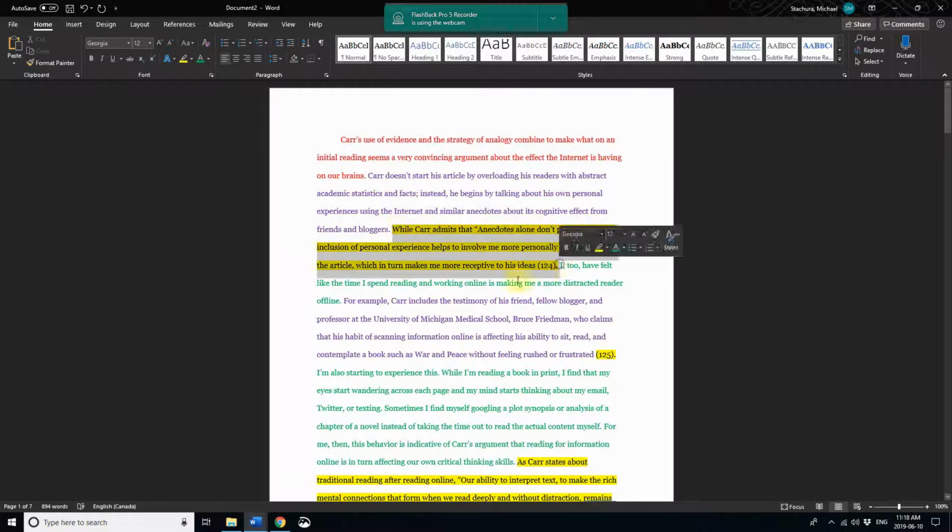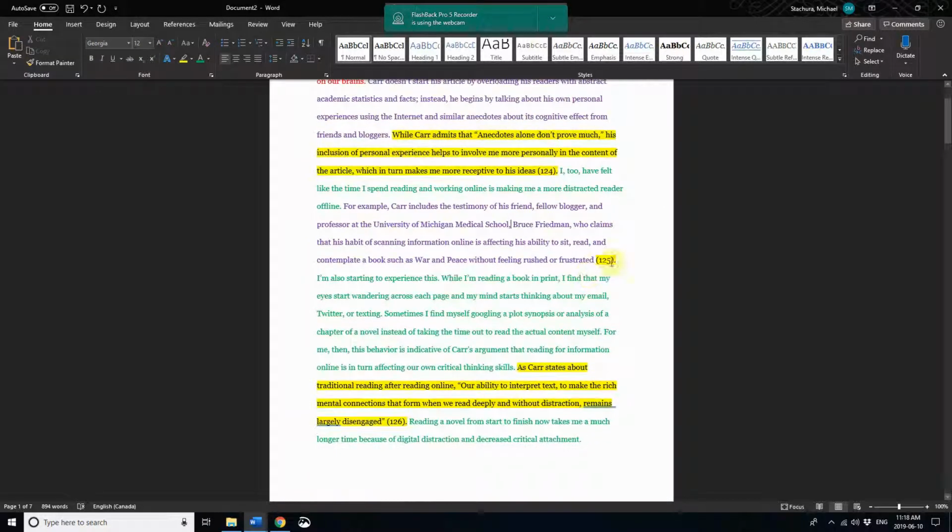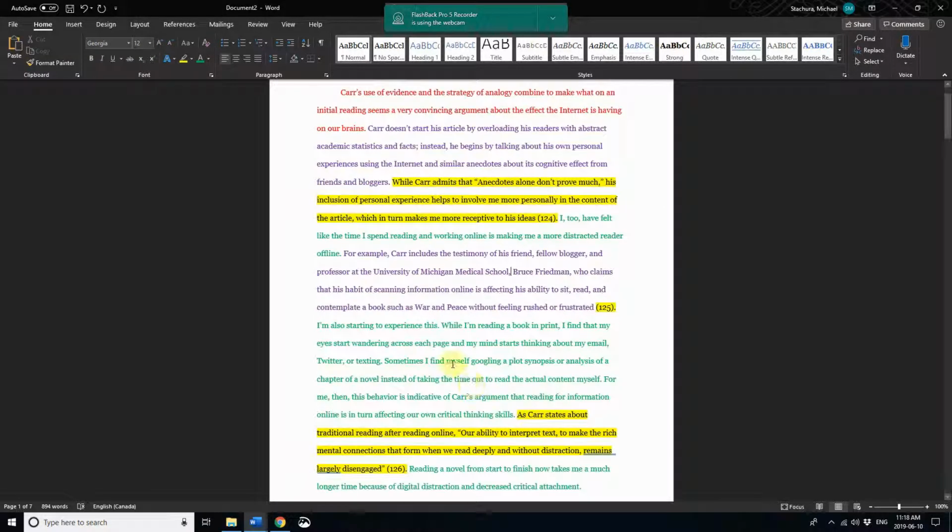I've highlighted in yellow direct quotation or paraphrase from Carr's article. So make sure to have direct quotation and or paraphrase in your paragraphs as well. And in green here and down here at the bottom, I have my own analysis. So how do I engage with these summarized points and with these direct quotations that I take from the article?